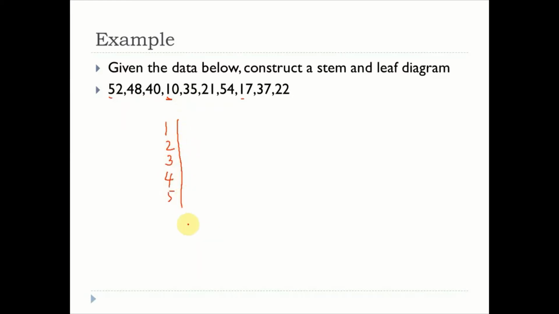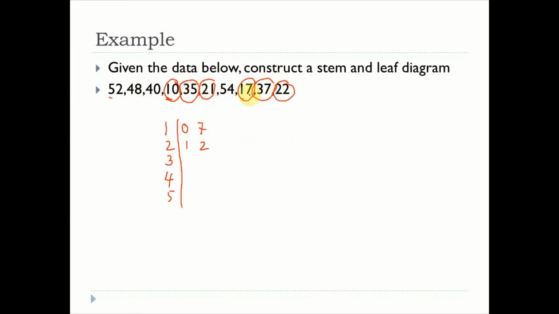And then we put it down, not yet in columns. And then after that we put the leaf. So the leaf, this number 1, comes from 10 and 17. So between 0 and 7, which one is bigger, which one is smaller? 0. So put 0 first and then 7. And we look at number 2 here, 21 and 22. Which one is smaller? 1. So put 1 first, then 2. For 3, there is 35 and 37.